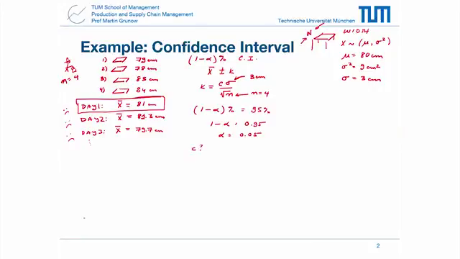Where does that come from? Well, it actually comes from the alpha that we've chosen. So C is our choice.